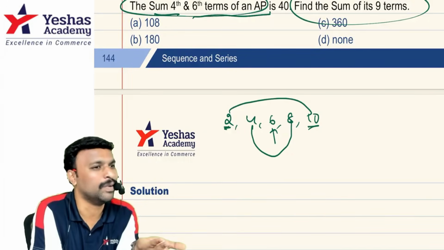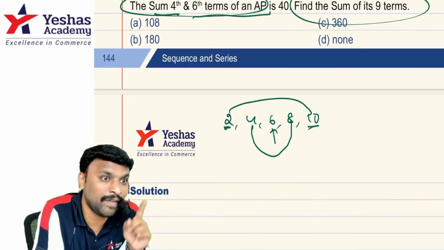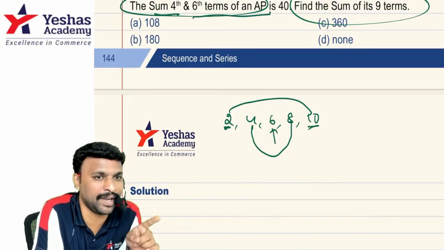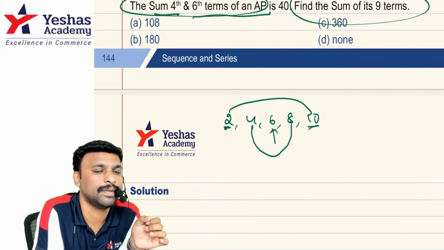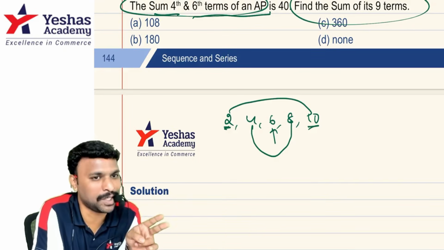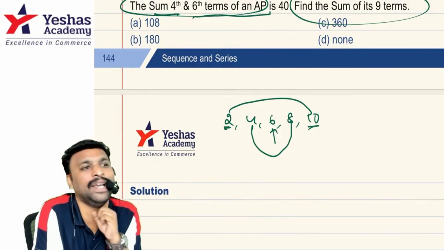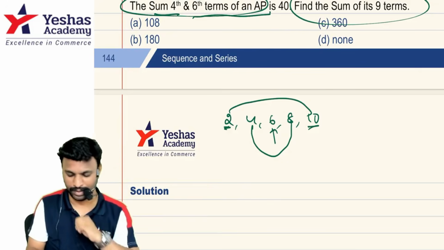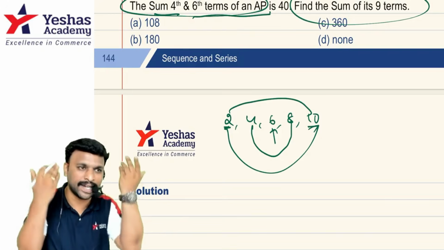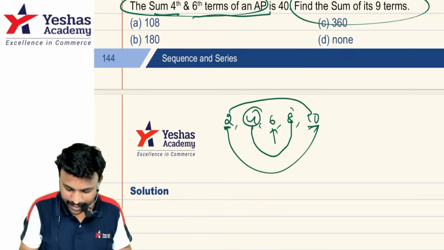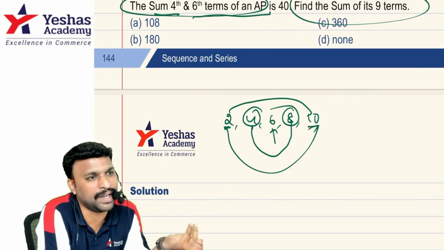Sum divided by 2. Yes or no? The sum of the two terms equidistant from the middle term divided by 2 will always be equal to the middle term. These two are equidistant from the middle term 6. If I take the average of 2 and 10, it is 6 only. 4 and 8 are equidistant from the middle term. If I take the average, it is 6, the middle term only.